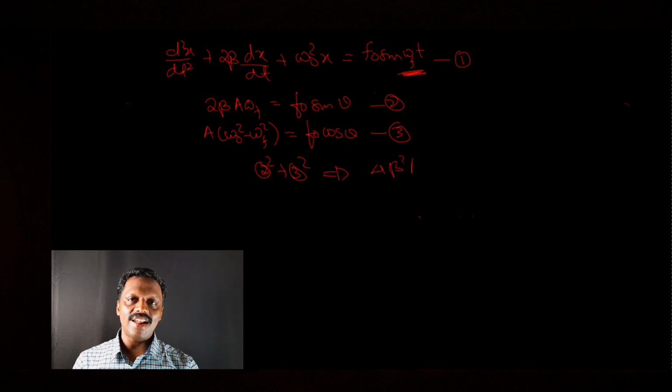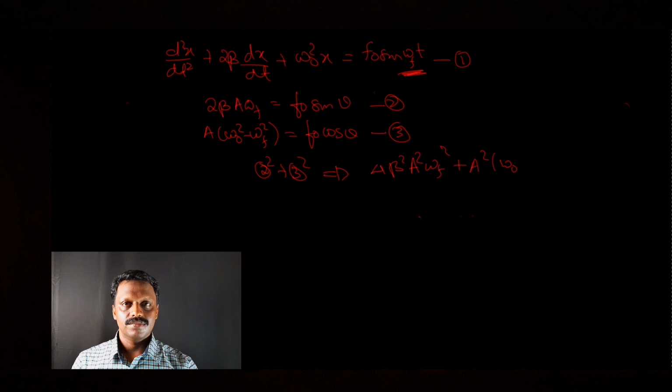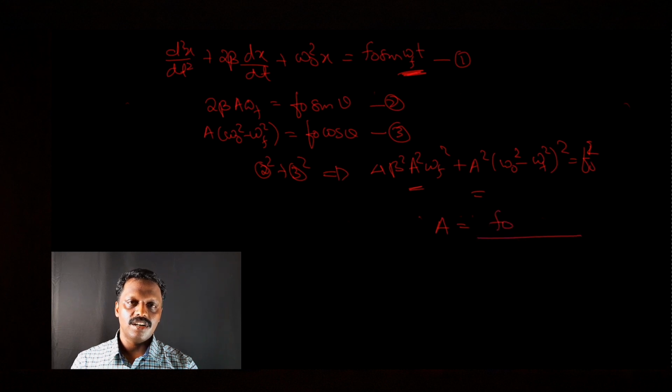That's why we can square and add equations 2 and 3: 4β²A²ω_f² plus A²(ω_0² − ω_f²)² is equal to F_0². Taking A² common on the LHS and taking the other terms to the RHS and taking the square root, we will get the amplitude as F_0 divided by the root of 4β²ω_f² plus (ω_0² − ω_f²)², which is equation 4. This is the amplitude of the forced harmonic oscillator.